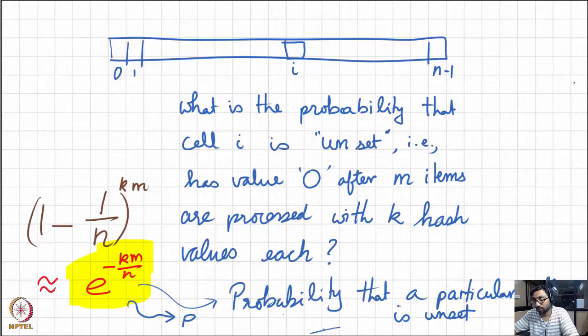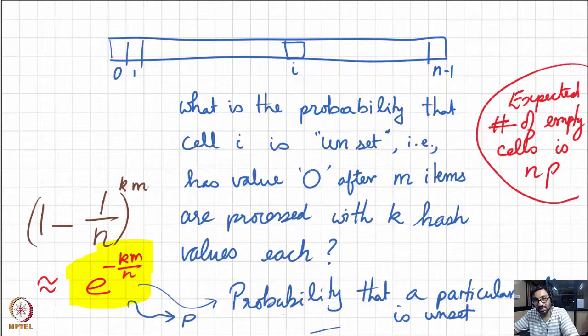From this we can conclude that the expected number of empty cells after m items have been processed, each with k hash functions, is going to be n times p, or n times e to the minus km over n.